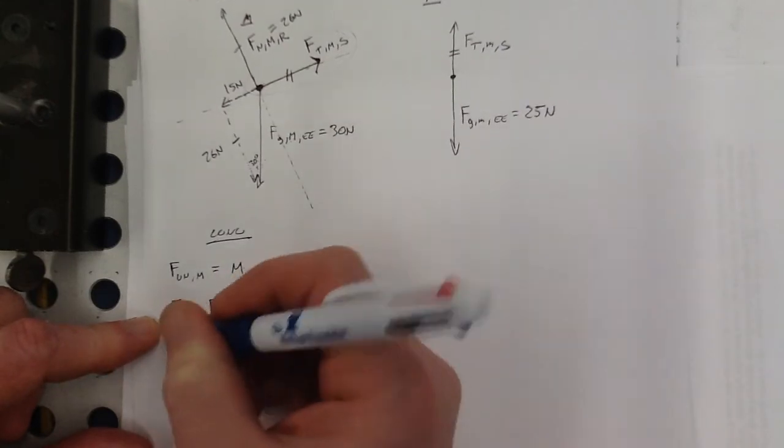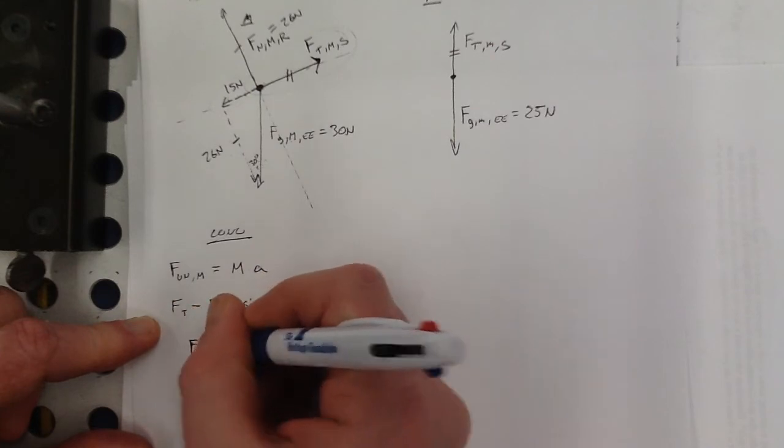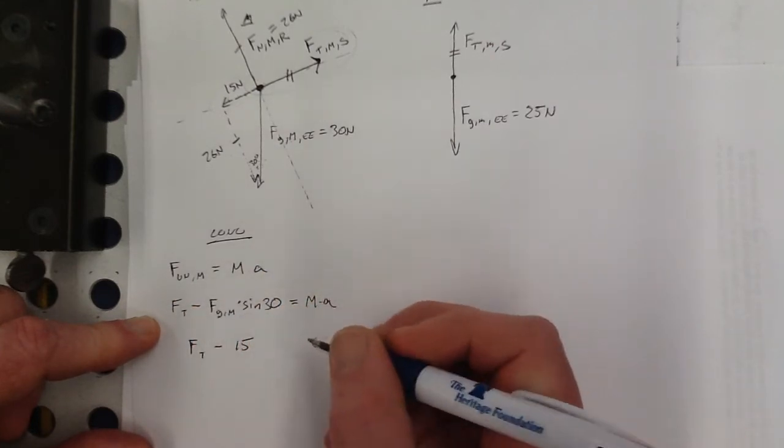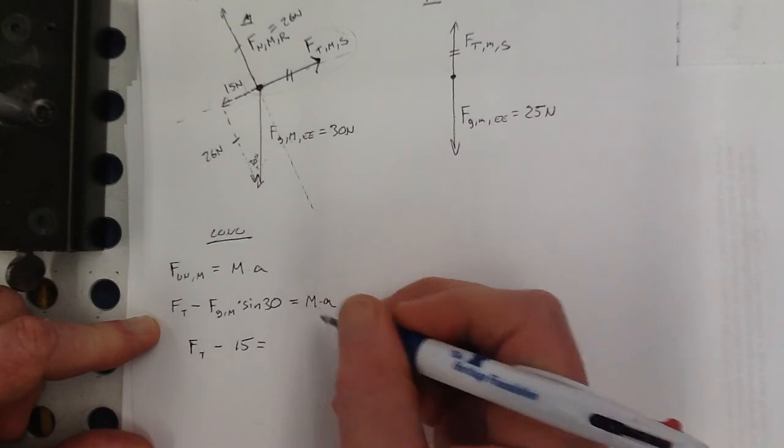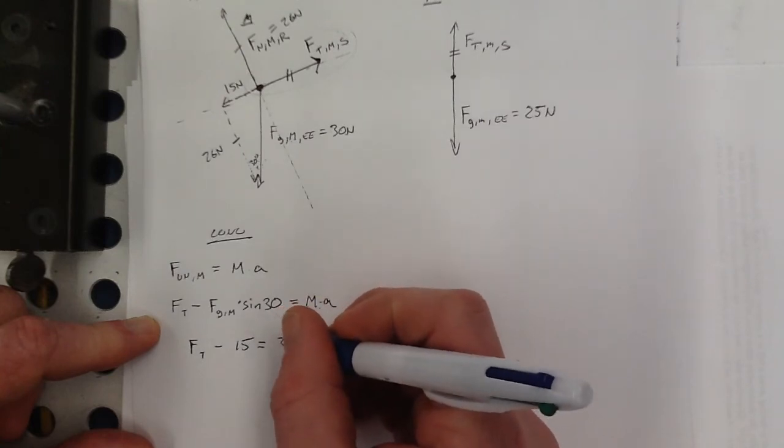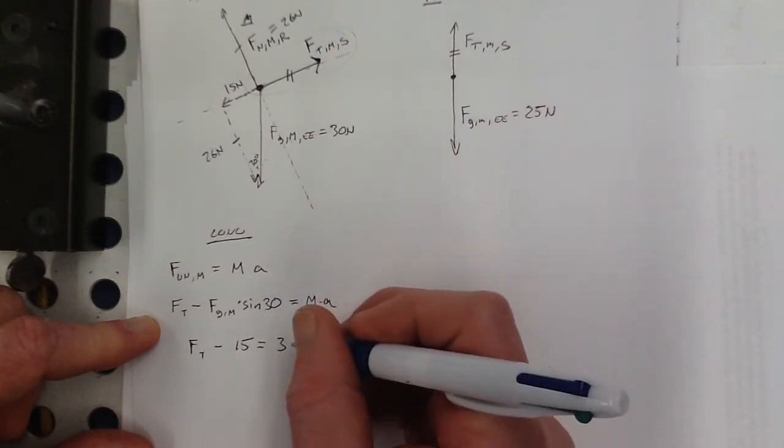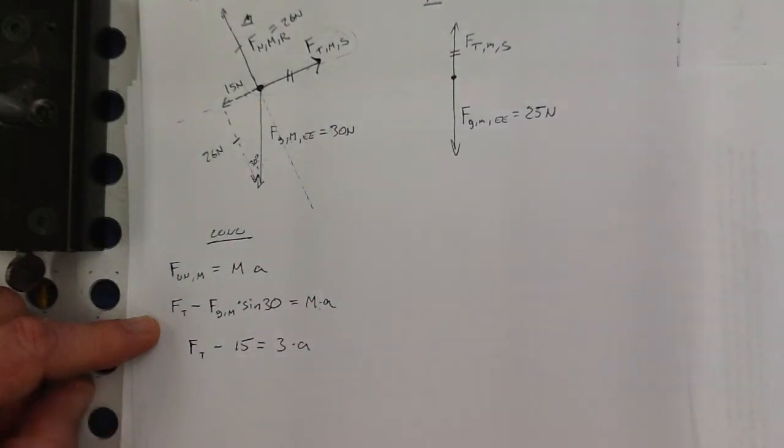Okay, so force of tension, I don't know what that is. 15, I do know that. And the mass of the big one is 3. And I don't know the acceleration yet.